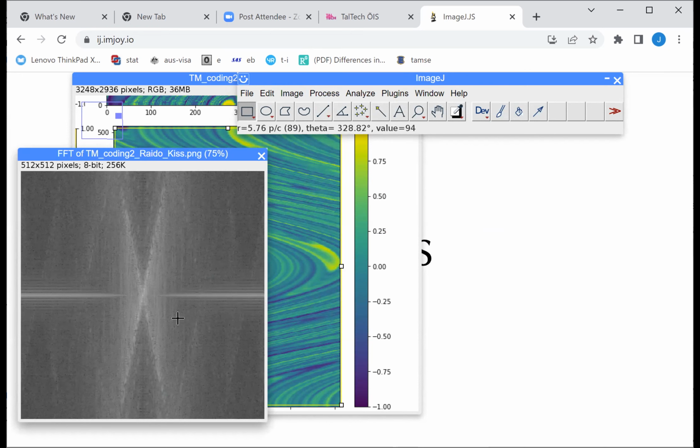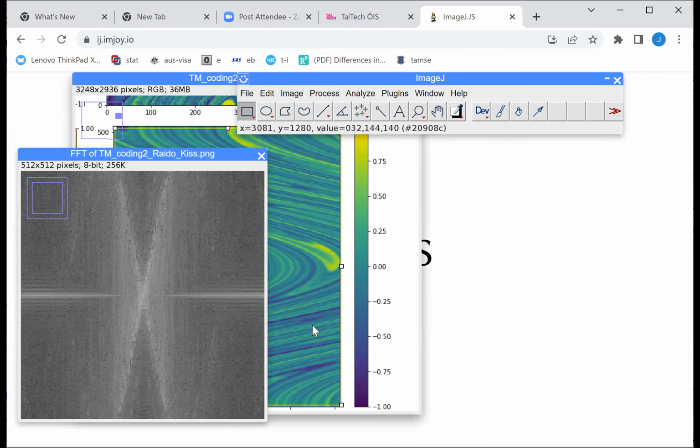What I suspect it is, but you should actually look more into it if it's correct. But I suspect here we have depicted the complex amplitude of fast Fourier transform as a function of kx and ky.